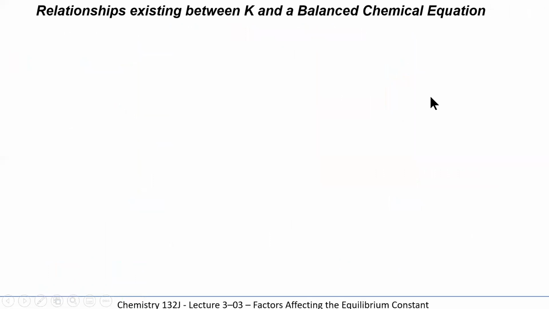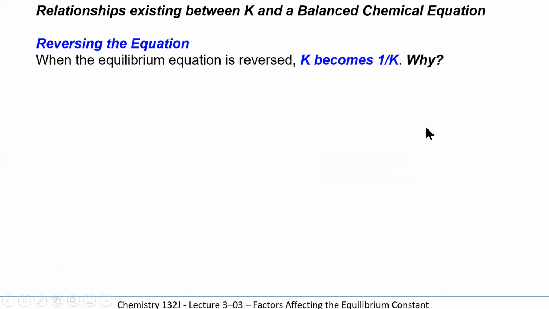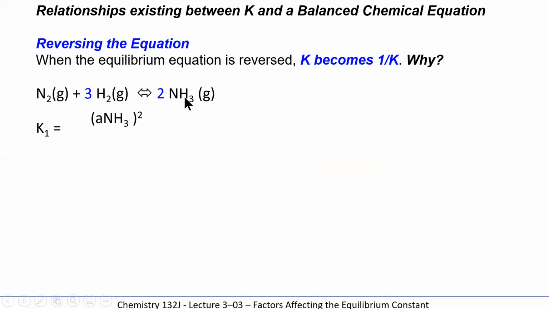Now let's talk about the relationship between K and the balanced chemical equation, and also when we reverse it. So if I have an equilibrium for this system, K1 would equal the activity of NH3 squared divided by N2 times H2 cubed.